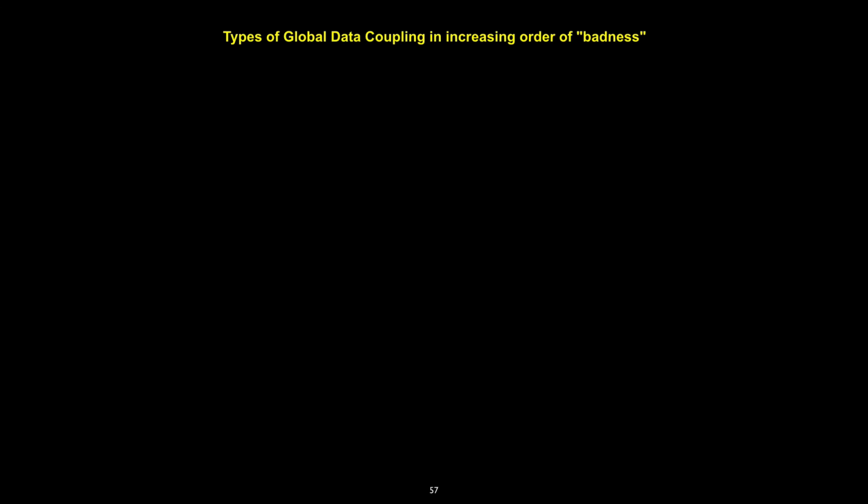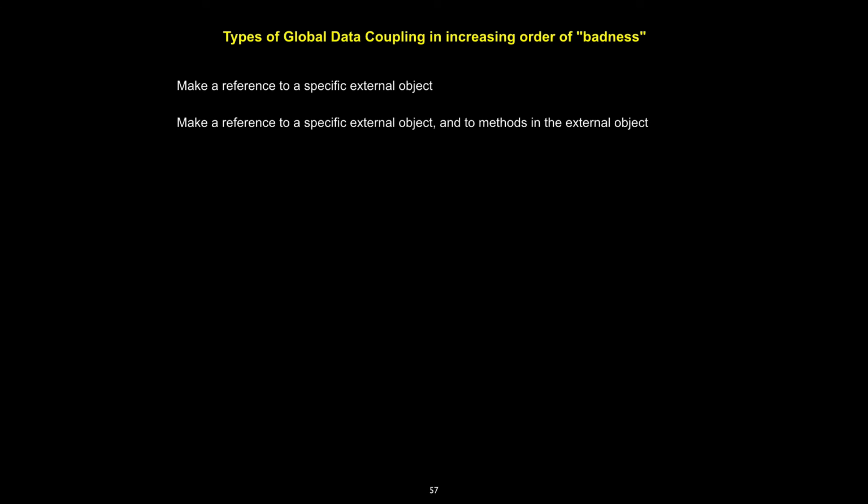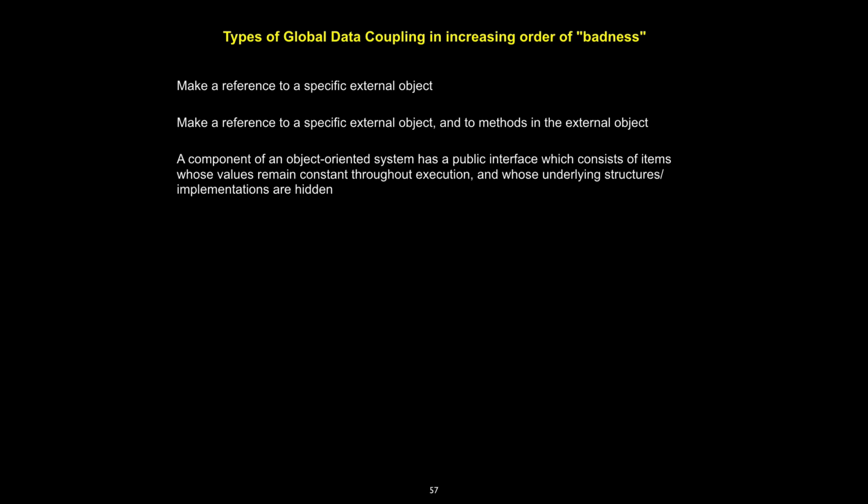And so he categorizes them in terms of how bad they are. So reference an object, right? System.out is referencing an external object, right? And then on standard out, we're going to call print or println on it. So we're calling methods on it, but we're calling public methods.